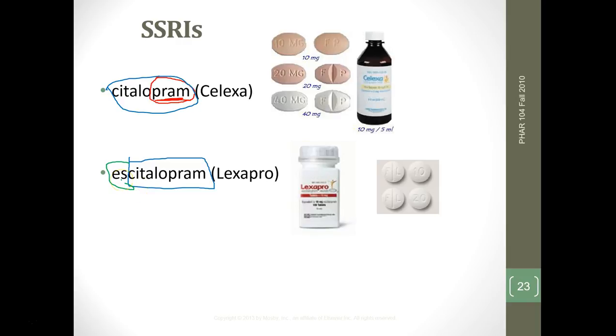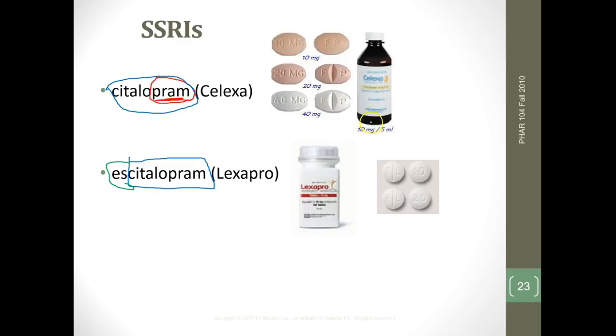It's kind of like having something and twisting it. So it's the S isomer, and it has to do with the mirror imaging of the actual molecular structure. They have the same chemical makeup, but they're formulated a little differently because they have a little twist in them.